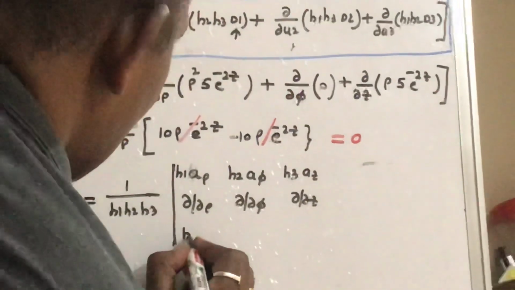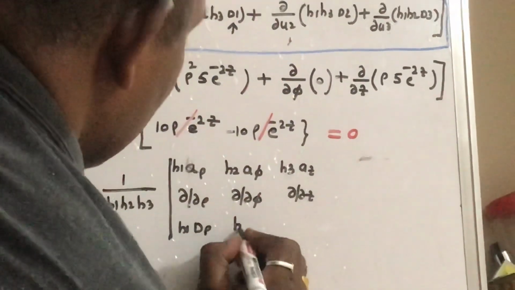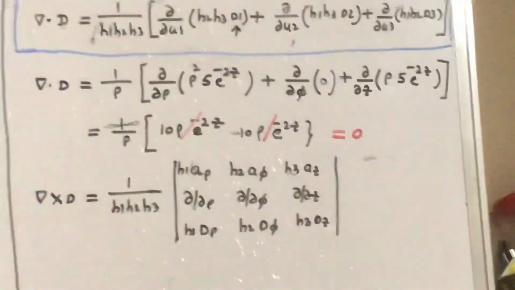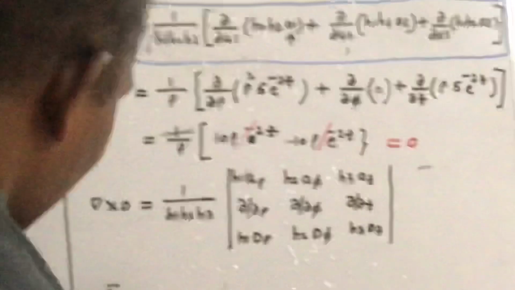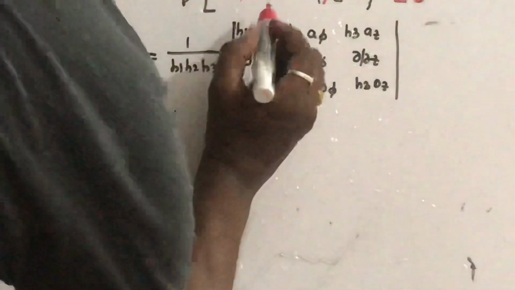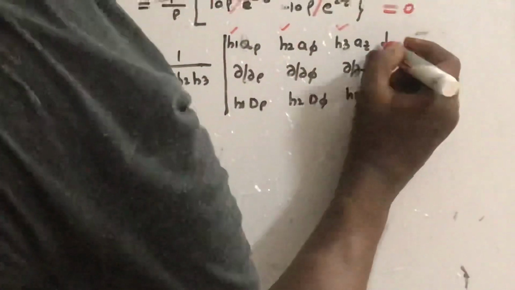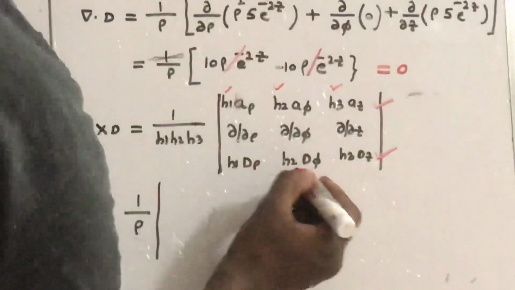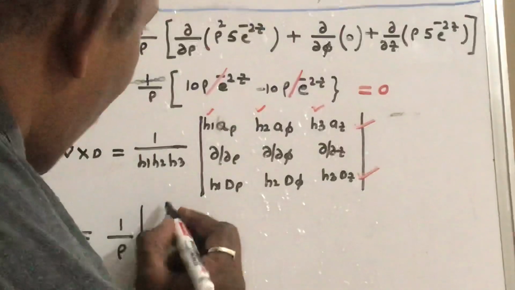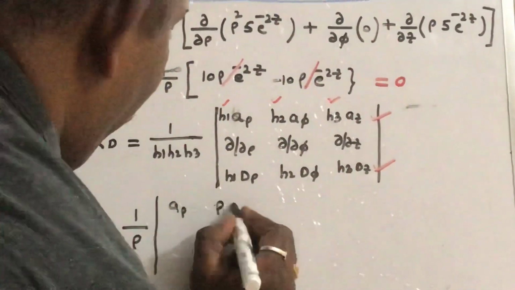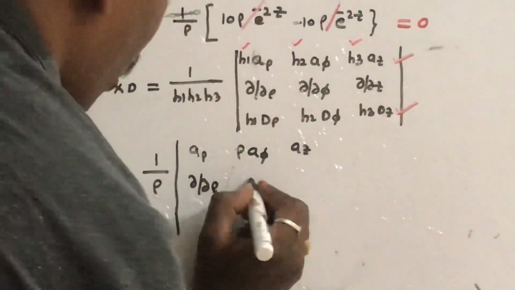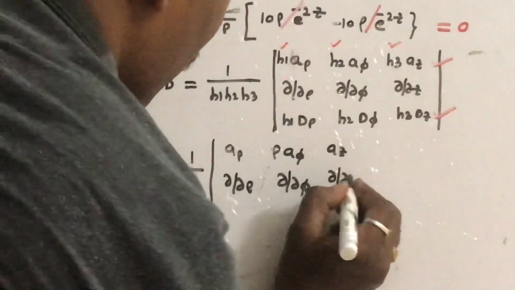The third row is h1 D rho, h2 D phi, h3 Dz. Remember that in this formula you have to multiply with h1 h2 h3 for the first row and third row. So this is the generalized formula. Now h1 is 1, so a rho, rho a phi, az.